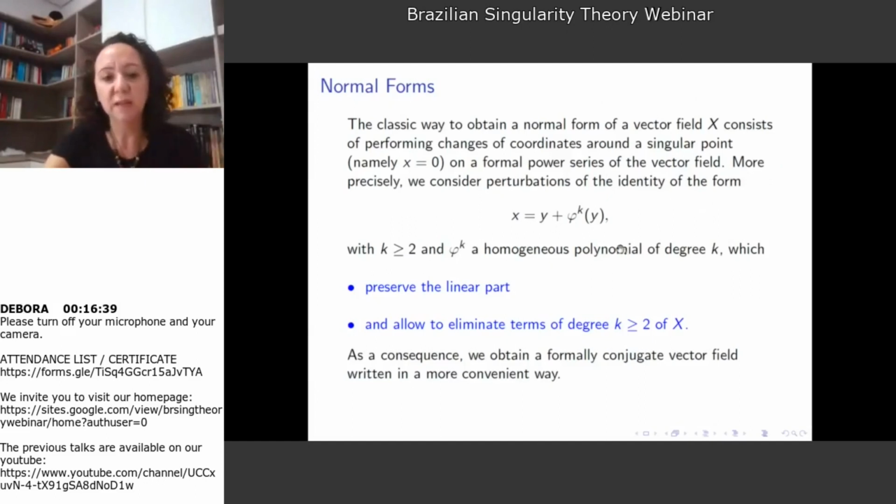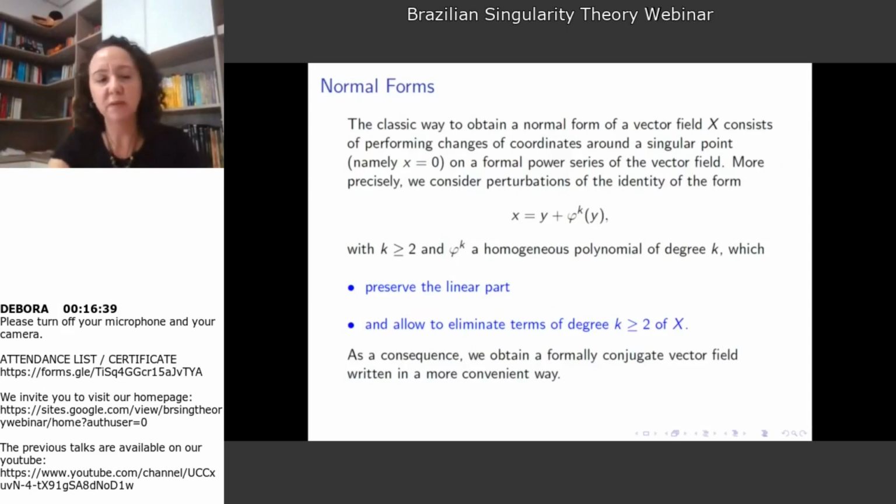the identity. In it, we have here a homogeneous polynomial of degree k, with the property that this change of coordinates preserves the linear part of the vector field.